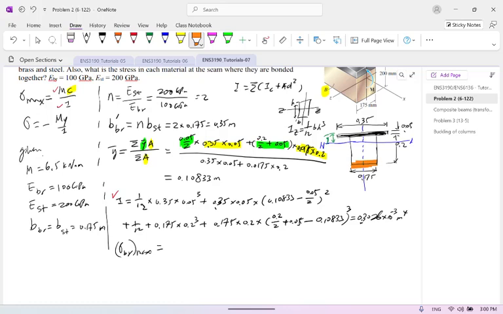So of course we can get these things, and sigma equals M c over I. You can see 6.5 kilonewton meter times c. Of course, we can say the whole height is equal to 0.05 plus 0.2 minus the y bar, which is 0.10833, over the I we just worked out.